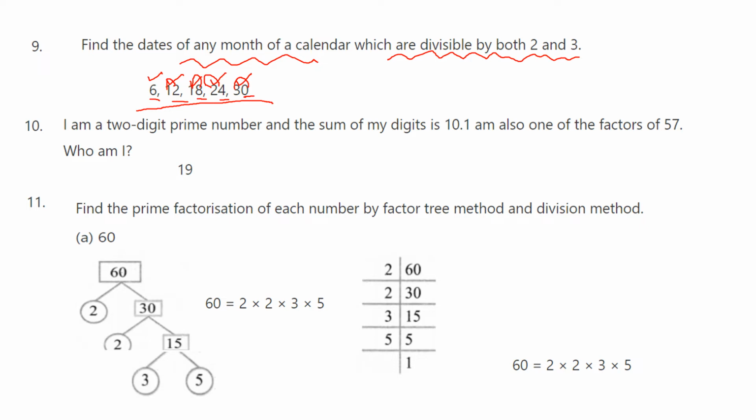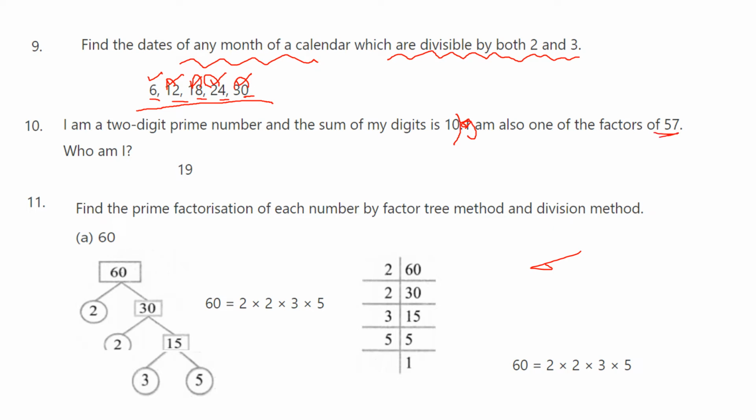Next, I am a 2-digit prime number and the sum of my digits is 10. I am also one of the factors of 57.